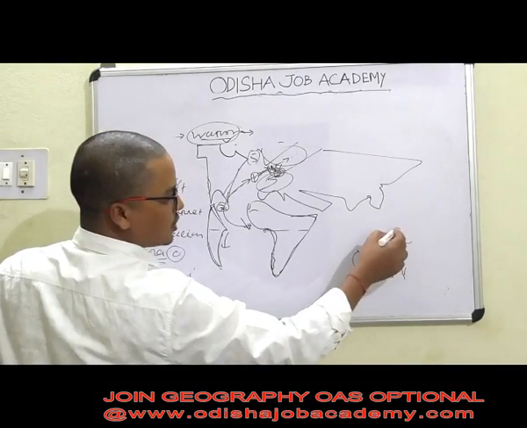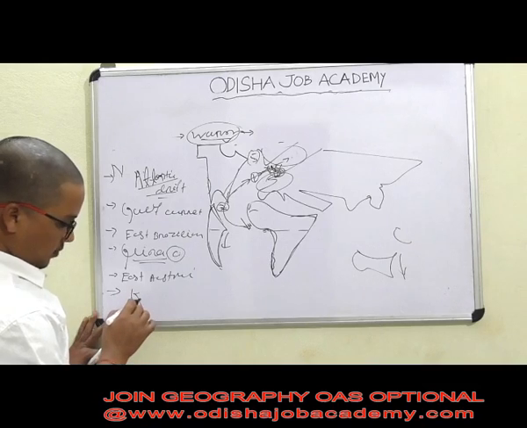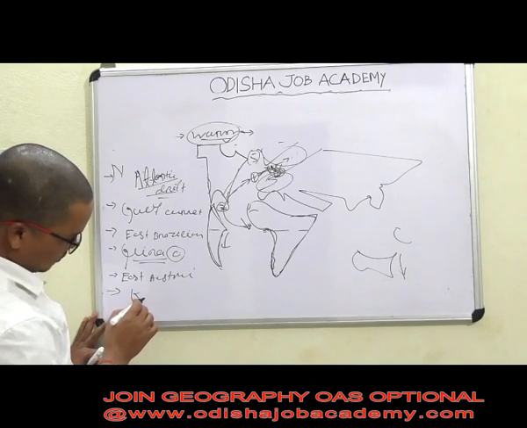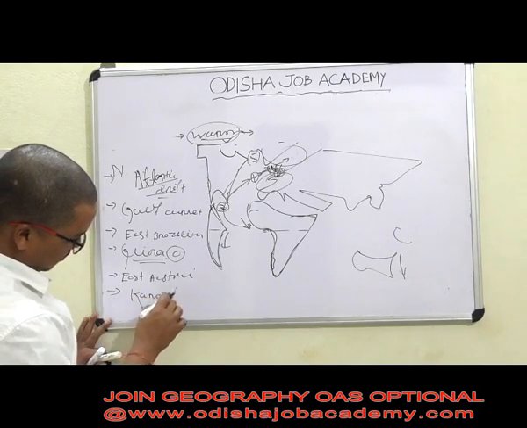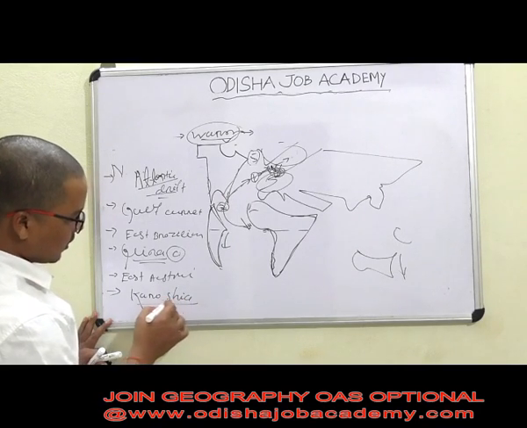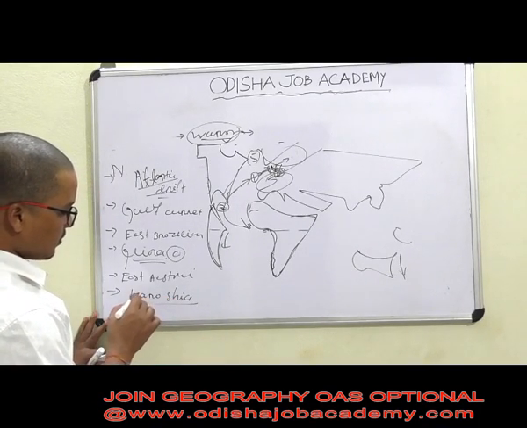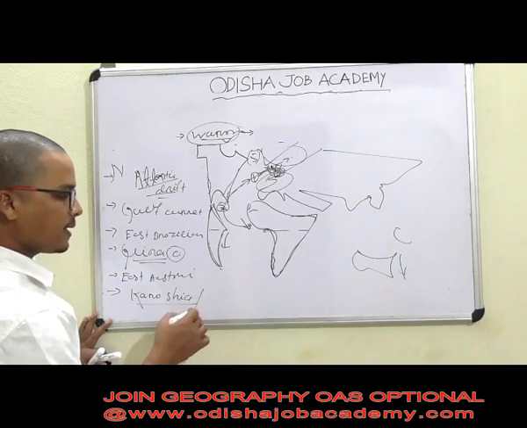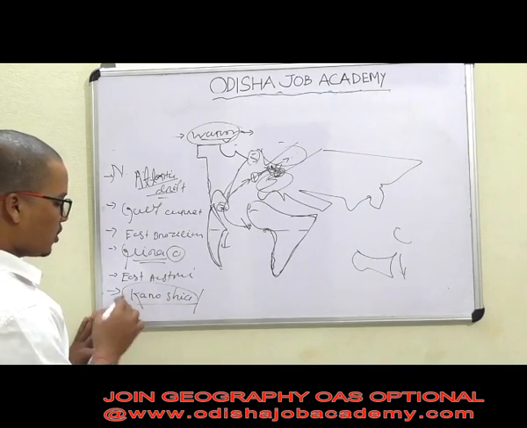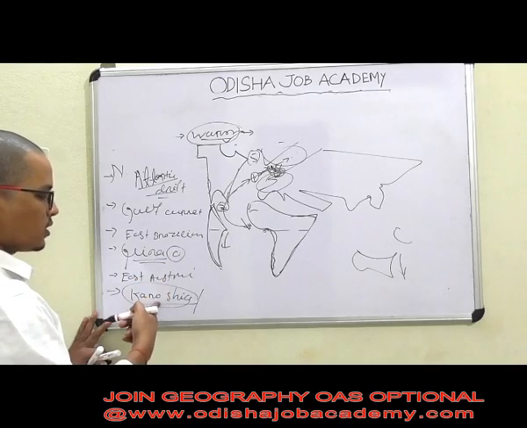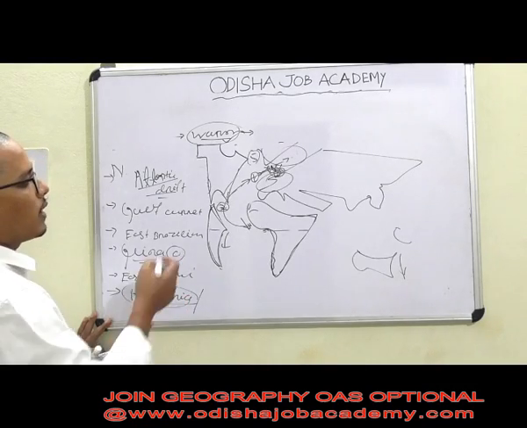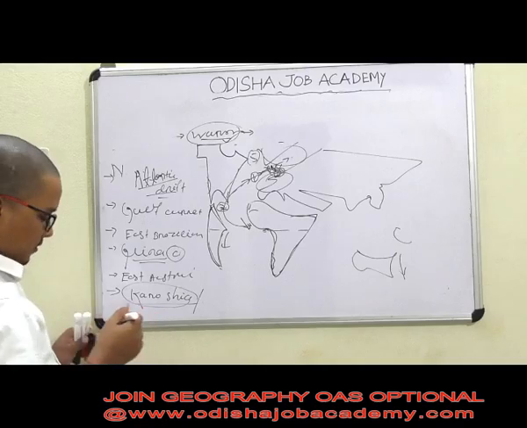Then the Kuroshio current, which some people also call the Japan current, but the Japan current is separate. Oyashio is cold, Kuroshio is warm. So these are the warm currents.